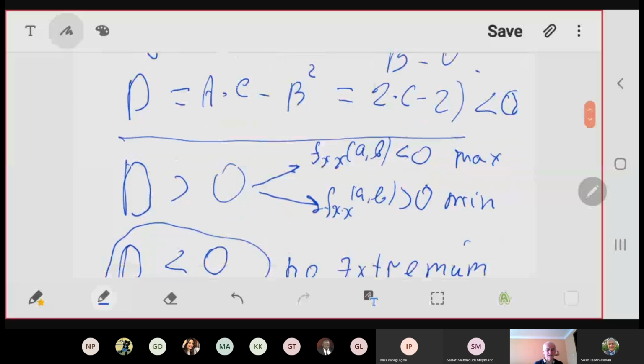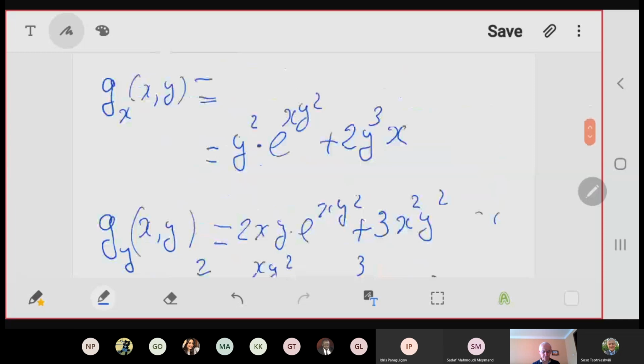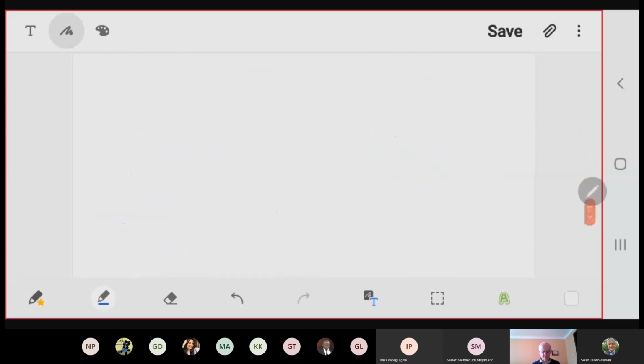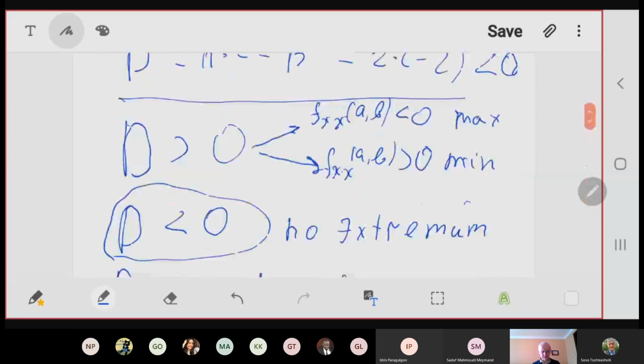You can calculate it without the notation D. Some textbooks use these notations, and some don't. If you have questions or are interested in some problems, ask me and I am ready to show you how to solve them. So remember this schedule.